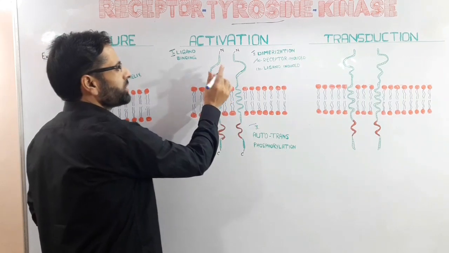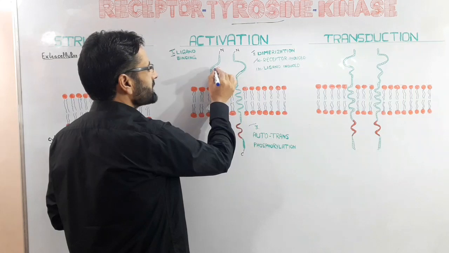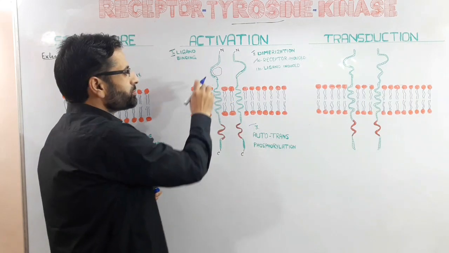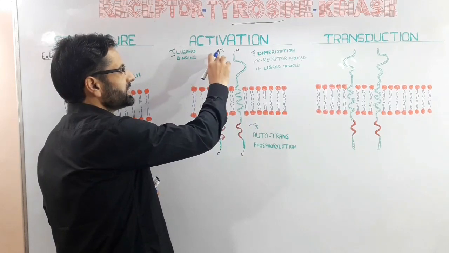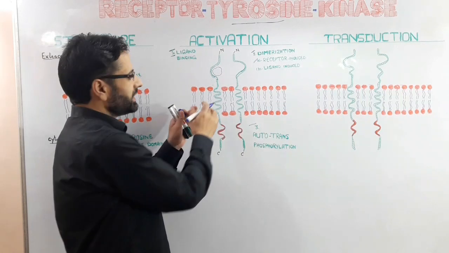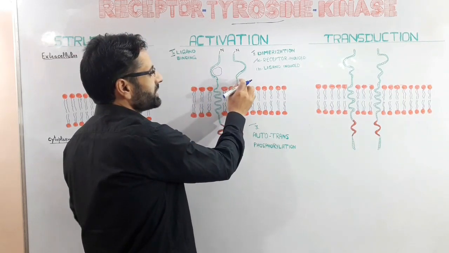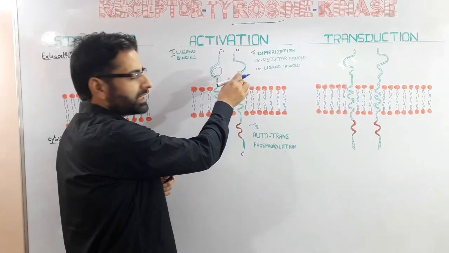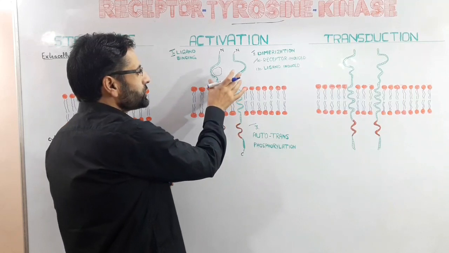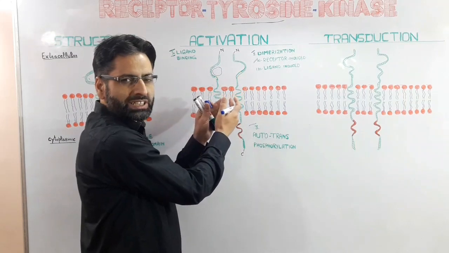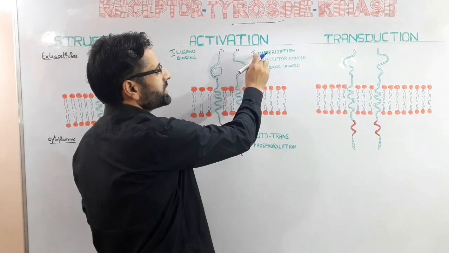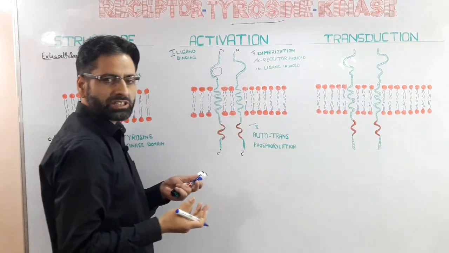The signaling molecule will first bind to this receptor at this binding site. This binding will cause conformational changes in this receptor. Those conformational changes will increase the protein-protein interaction with the neighboring receptor, which is also a tyrosine kinase receptor. So these two receptors will come very close to each other, and this close protein-protein interaction will lead to the formation of dimers, and this is called dimerization.